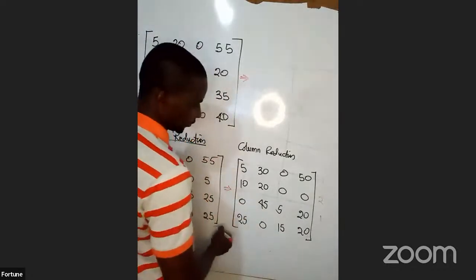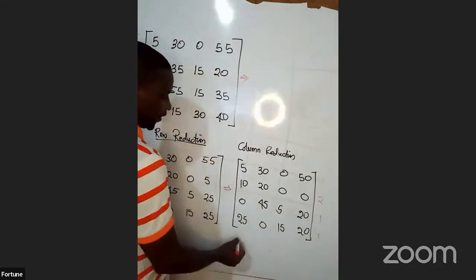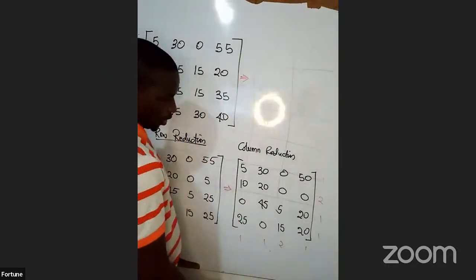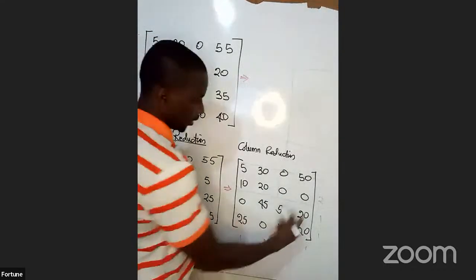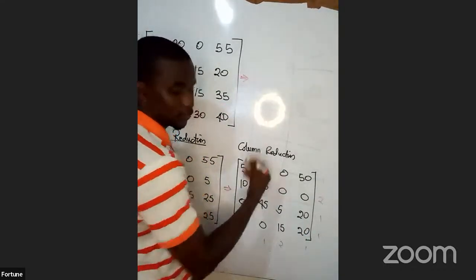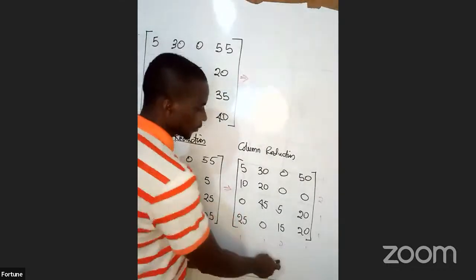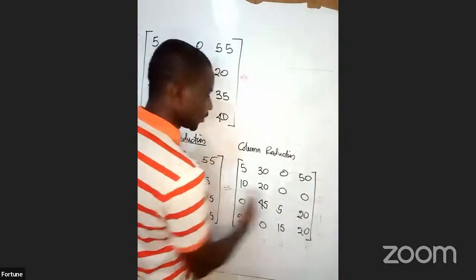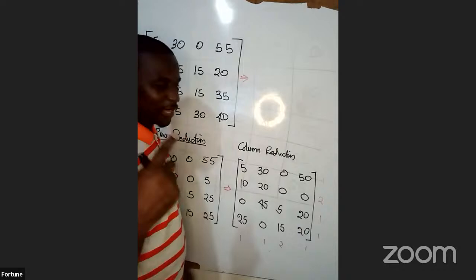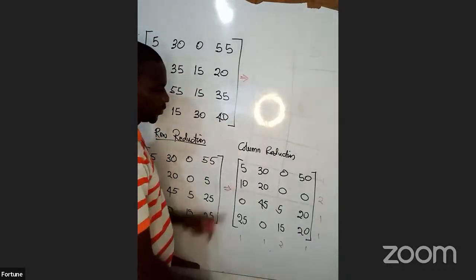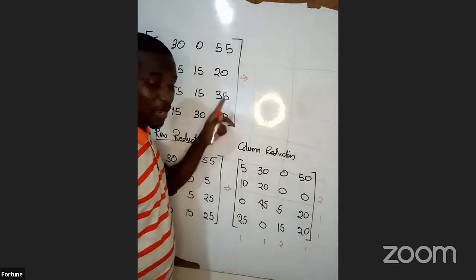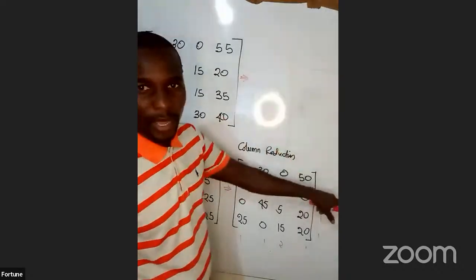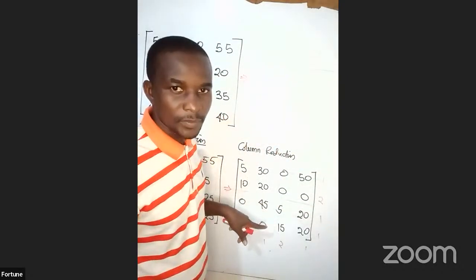Vertically, you have 1, 1, 2, 1. So this row has 2 zeros. This row also has 2 zeros. So we can cancel this column or this row. It means we're using one line to cancel 2. If we cancel this first, it means we wasted that line because we used one line to cancel just 1 zero, whereas we had the opportunity of using that same line to cancel 2 zeros, right?